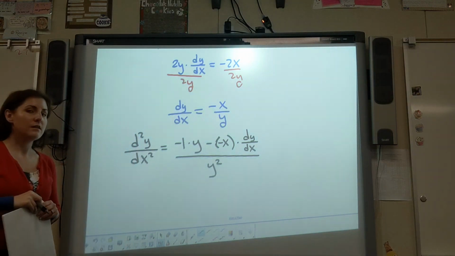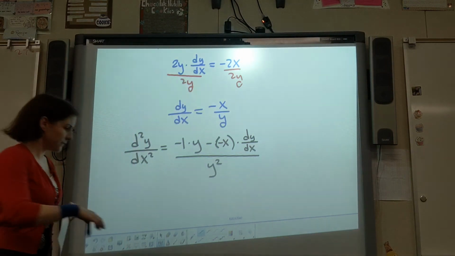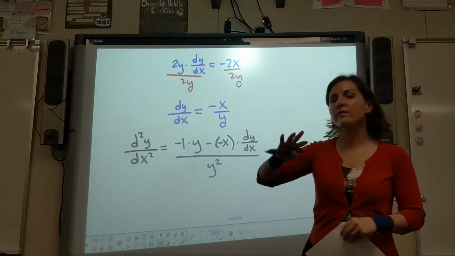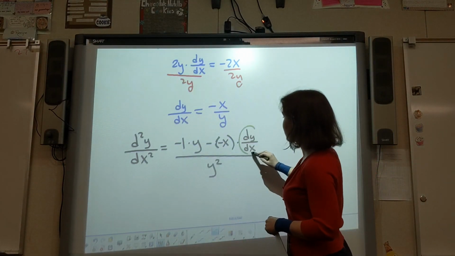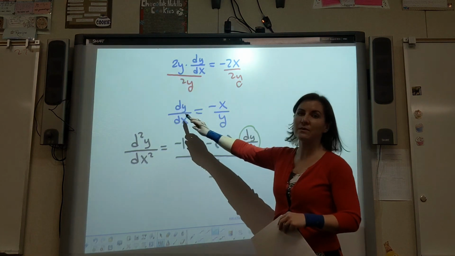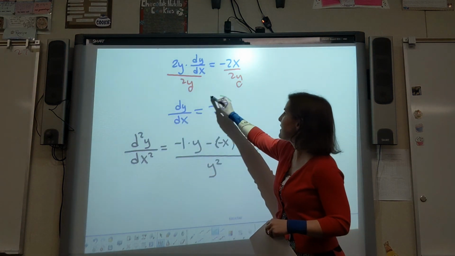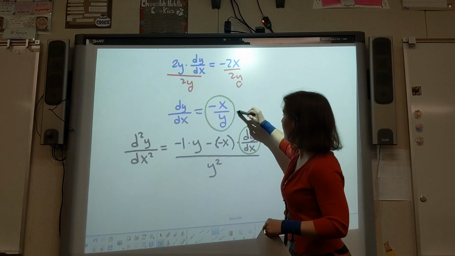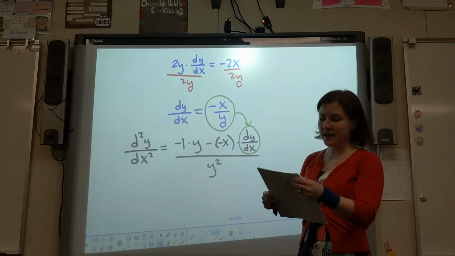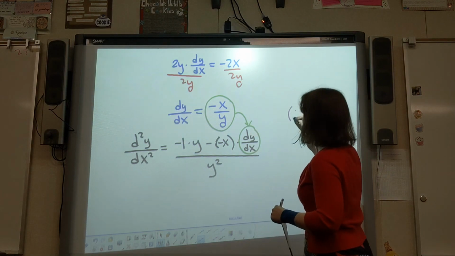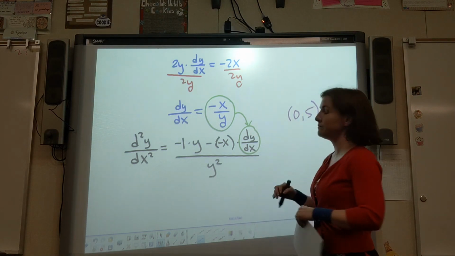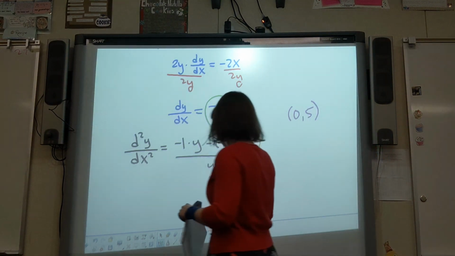Okay. Whew. Well, here's the tricky weird thing with second derivatives on implicit. In this dy/dx spot, we have to put what dy/dx equals. dy/dx is negative x over y. That's going to go there. And we have a point, (0, 5). Don't forget about that. Let's keep going.